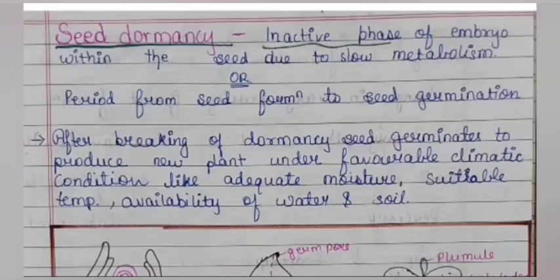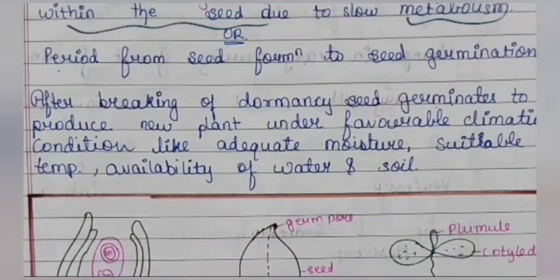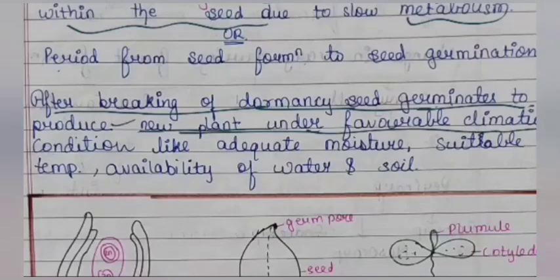Coming to seed dormancy, it is the inactive phase of the embryo within the seed due to slow metabolism, or we can also define it as the period from seed formation to seed germination. After breaking the dormancy, the seed germinates to produce a new plant under favorable conditions, right? It requires the right amount of moisture, suitable temperature, water and soil.